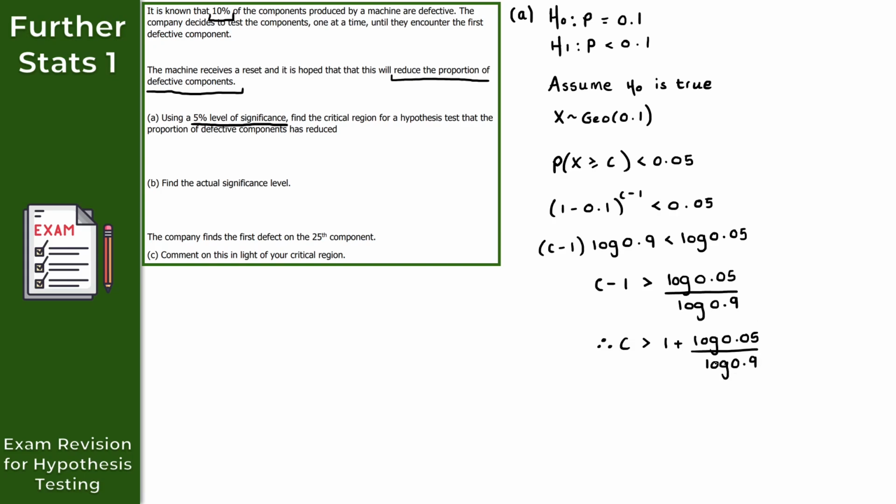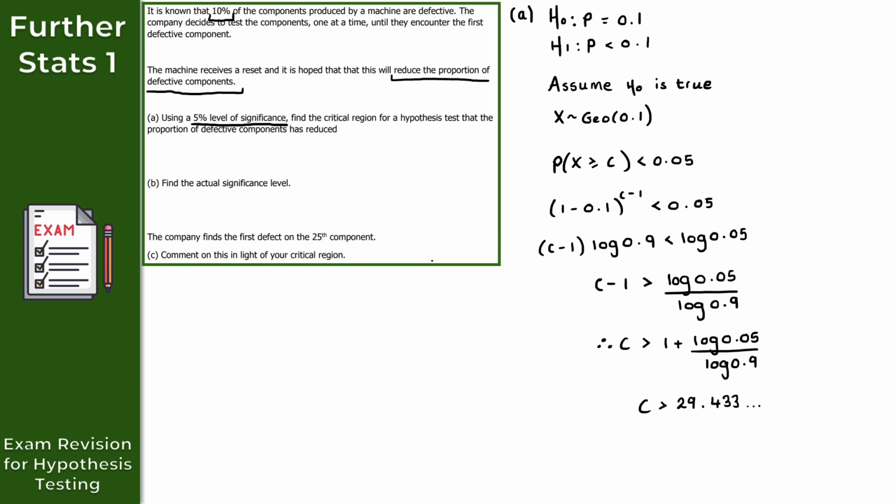Now what we need to do here is put this into our calculator then. So if you do this correctly, you will find that c must be strictly greater than 29.433, and so on. Okay. Now clearly then for the critical region here, we must round this value up to the next integer.